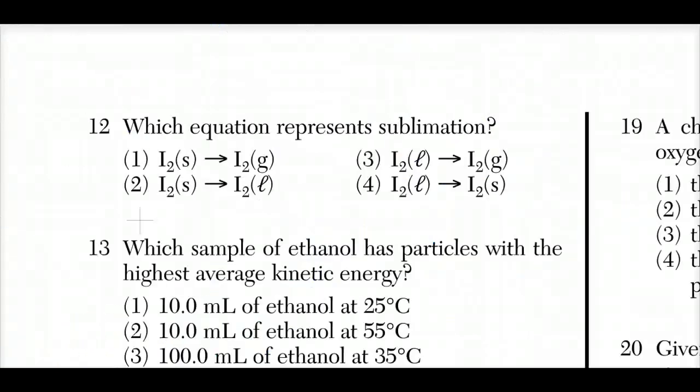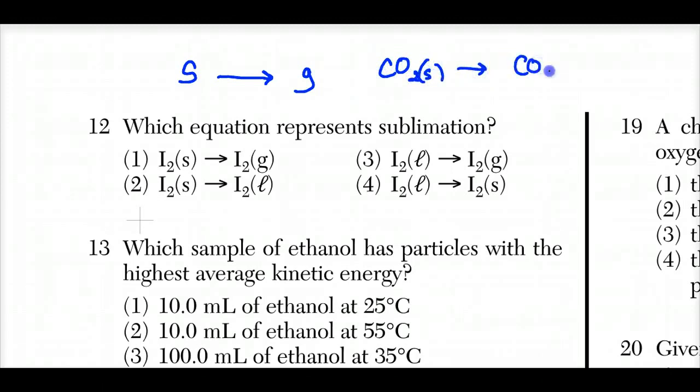Number 12. Sublimation is a solid going directly to a gas. The two examples they seem to always go over are dry ice, CO2 solid going to CO2 gas, or iodine. But if you didn't know that, you're looking for a solid going directly to a gas.